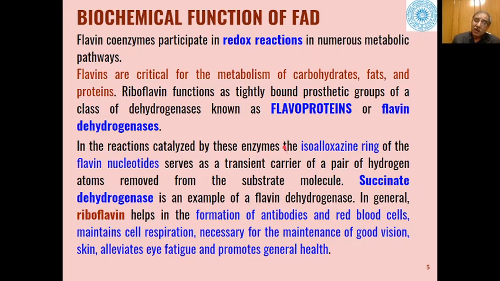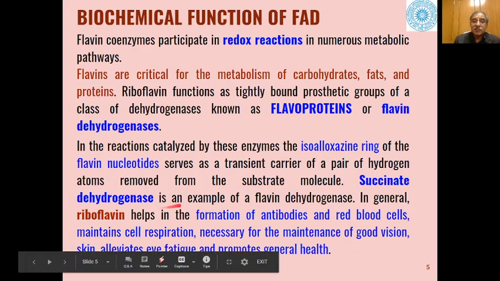And in case of flavins, the isoalloxazine ring is the active part where the conversion of the substrate will lead to either oxidation products or reduction products by using a pair of hydrogen atoms removed from the substrate molecule. So succinate dehydrogenase, as we have seen in the previous slide, is an example of a flavin dehydrogenase.